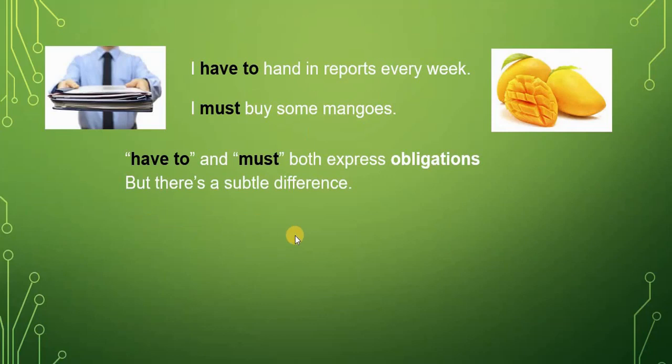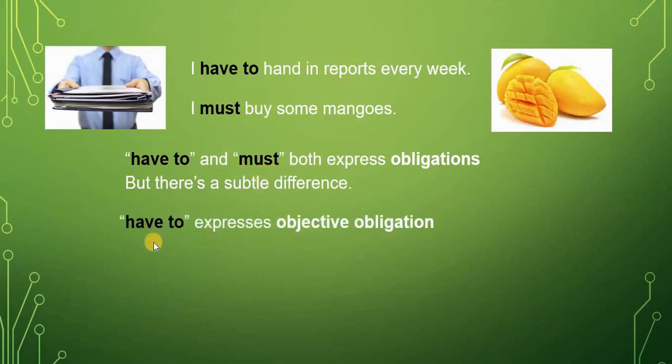There is a small difference between the meaning of have to and must, and it is a different type of obligation. So the obligation of this is different to the obligation of this.